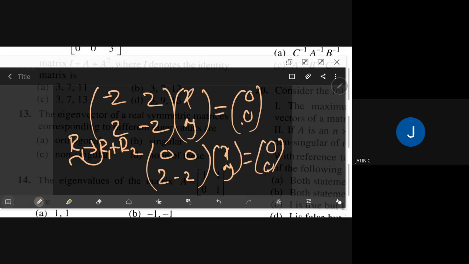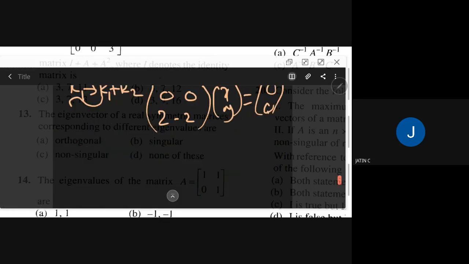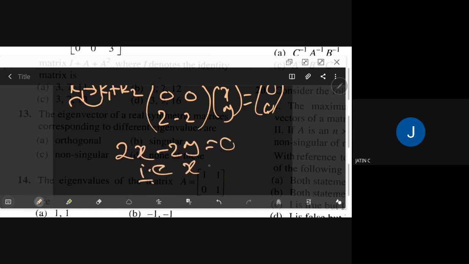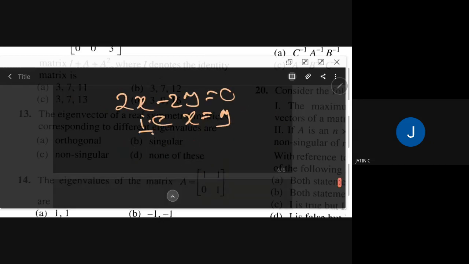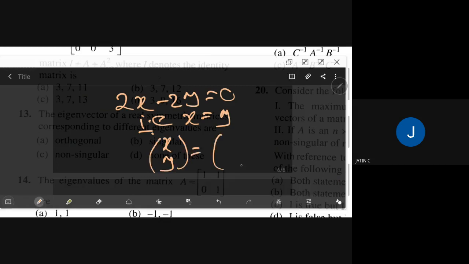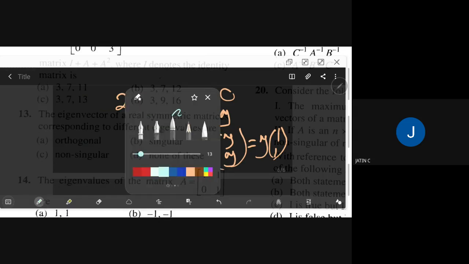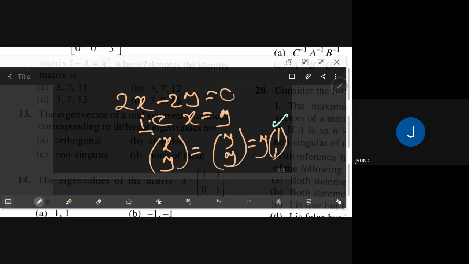We are getting only one equation here, 2x minus 2y is equal to 0, that is x minus y is 0, so x is equal to y. So any eigenvector xy for 2 is y into 1 1, because the free variable is y. So I can treat this as an eigenvector that corresponds to 2.